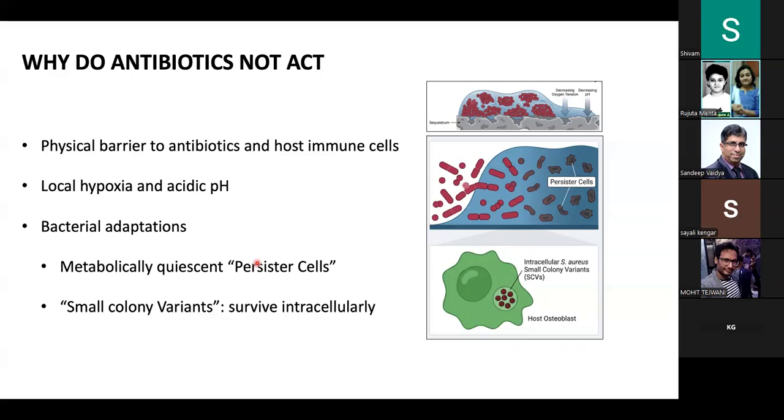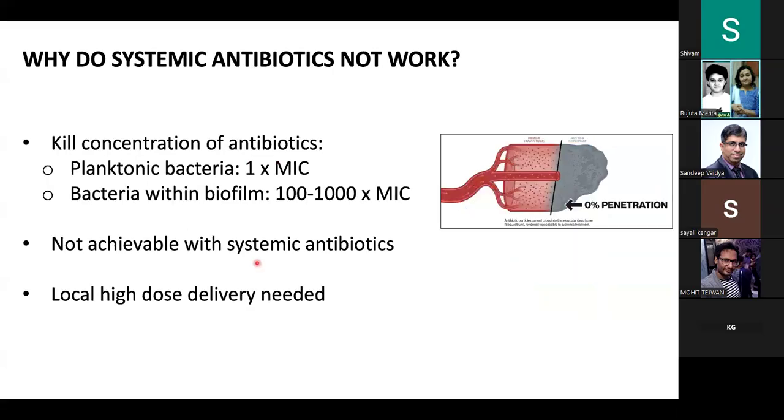Secondly, sometimes these bacteria transform themselves into something called small colony variants, and these small colony variants penetrate the host cells themselves, so that they may penetrate the osteoblasts, the osteocytes, and within the cells it becomes very difficult for the antibiotics to penetrate the host cells and to kill them. So these are some of the mechanisms of how a biofilm acts.